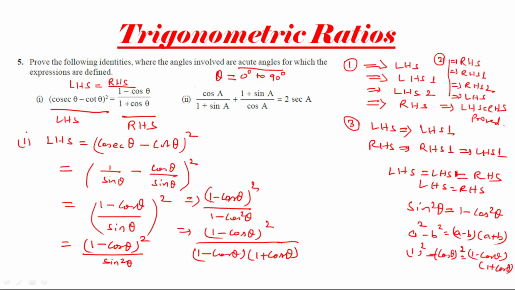Now from here, 1 minus cos theta and 1 minus cos theta will get cancelled. We are left with (1 minus cos theta) divided by (1 plus cos theta), and this is equal to RHS. So this LHS has become RHS now.